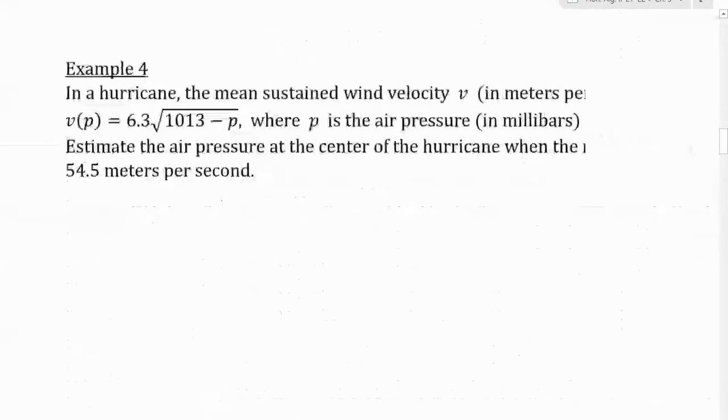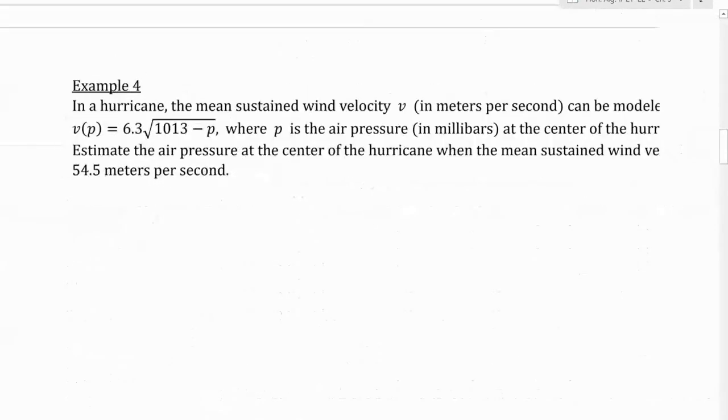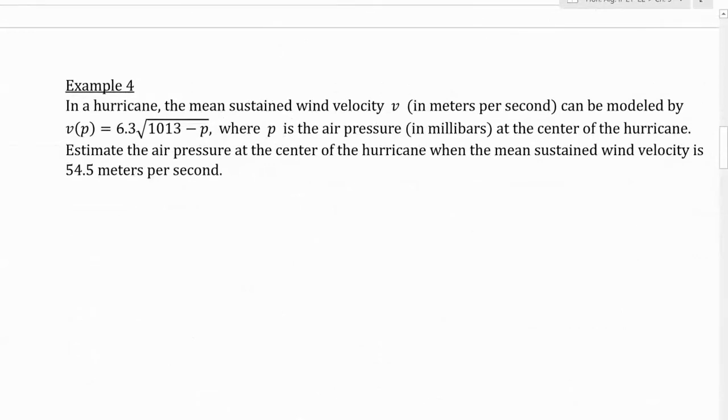All right, now this one we've got a word problem. In a hurricane, the mean sustained wind velocity, which we'll call V, in meters per second, can be modeled by V of P is 6.3 times the square root of 1,013 minus P, where P is the air pressure in millibars at the center of the hurricane. Estimate the air pressure at the center of the hurricane. So we're trying to figure out what P is. That's what we're looking for.